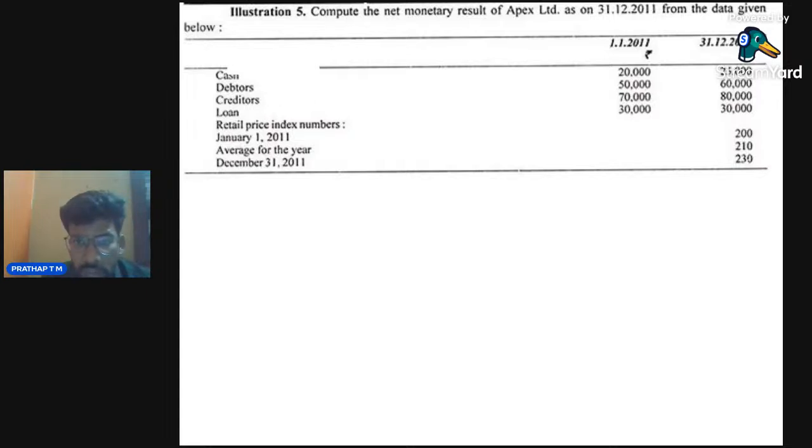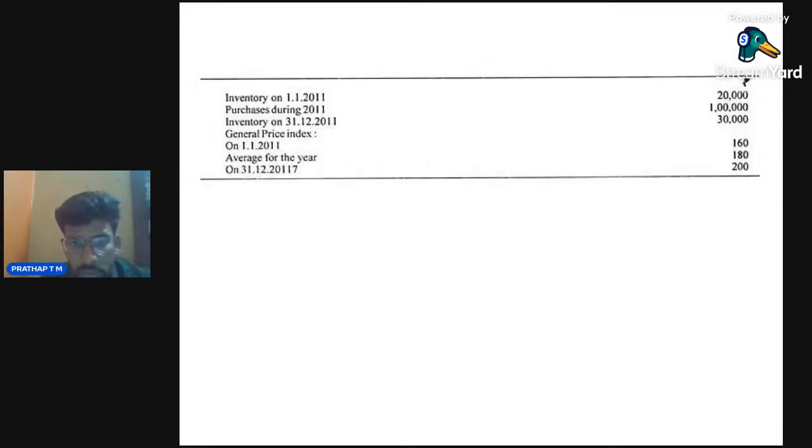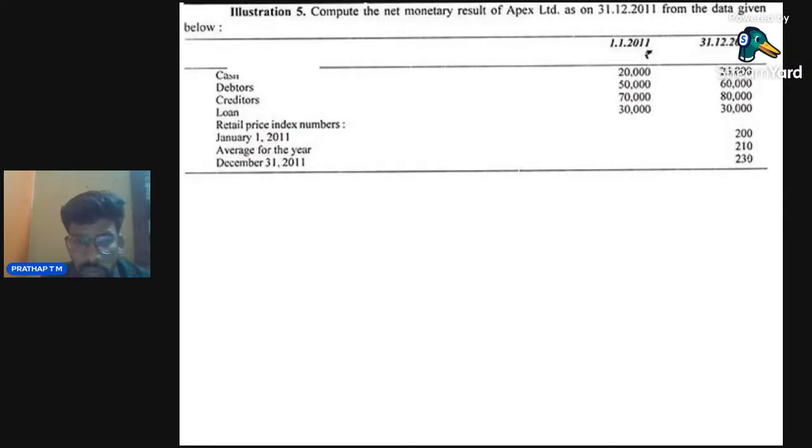In 2023, let's take it as 25,000, and then 60,000, 80,000, and the loan is 30,000.